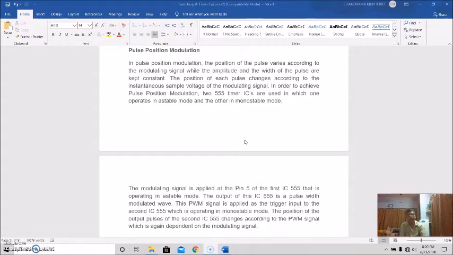And the position of each pulse changes according to the instantaneous sample voltage of the modulating signal. And for this we'll take two 555 timer ICs. One is used in Astable mode and another one in monostable mode.